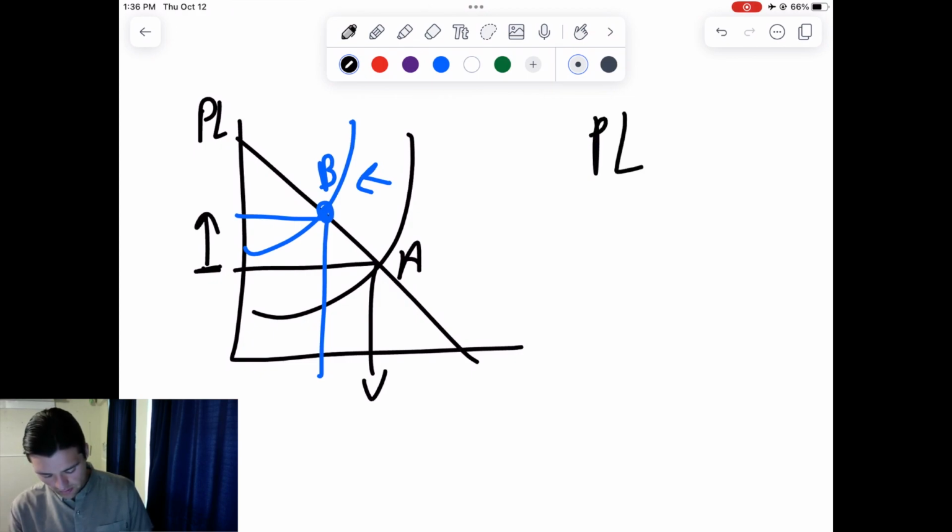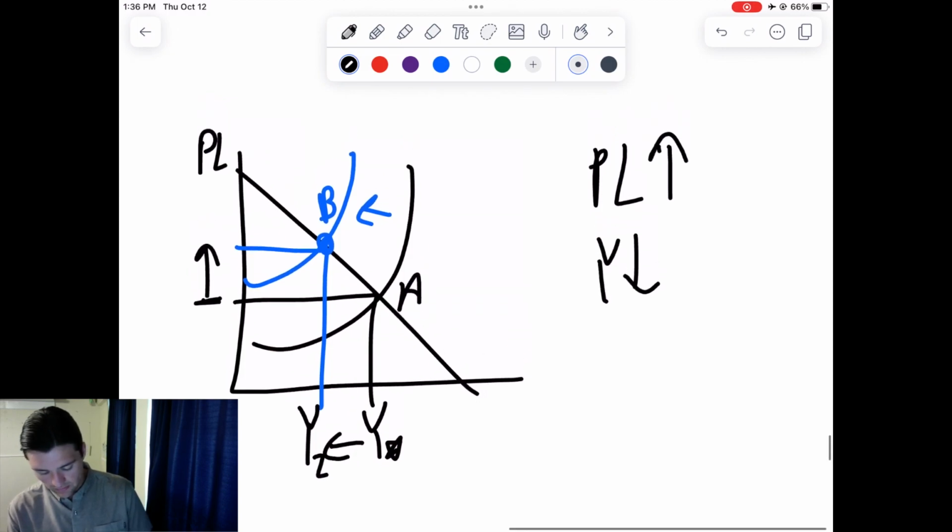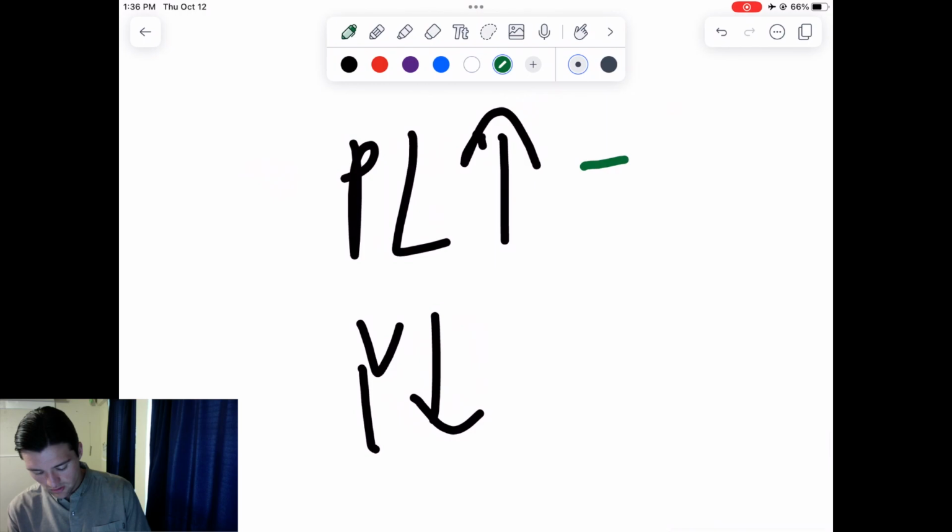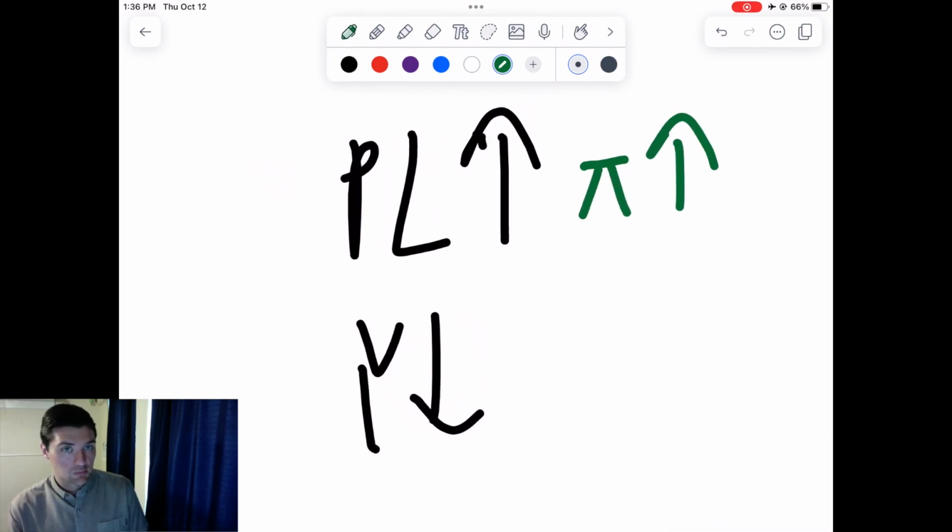Output was here, but now it's here, so output goes down. If price level is higher, that means inflation is higher. If output is down, you need fewer people working, more unemployment.